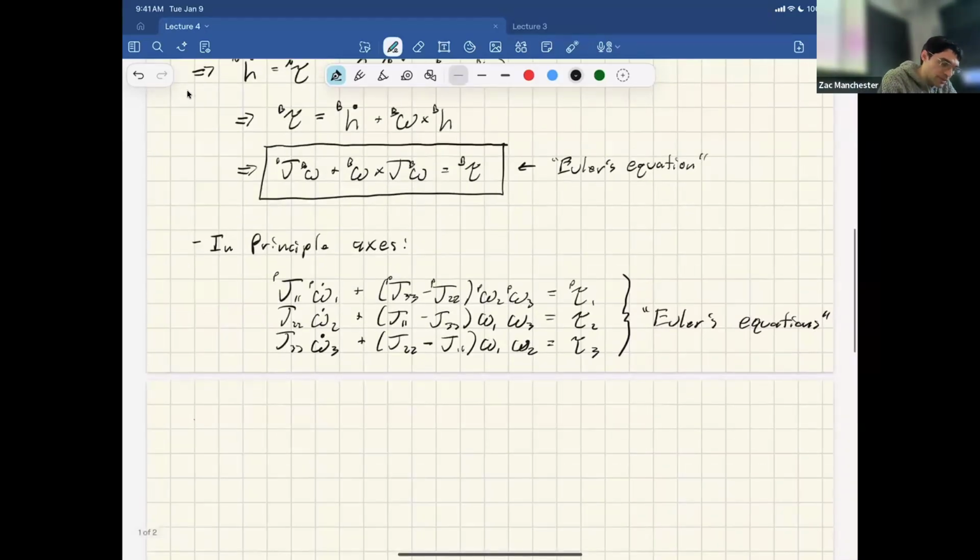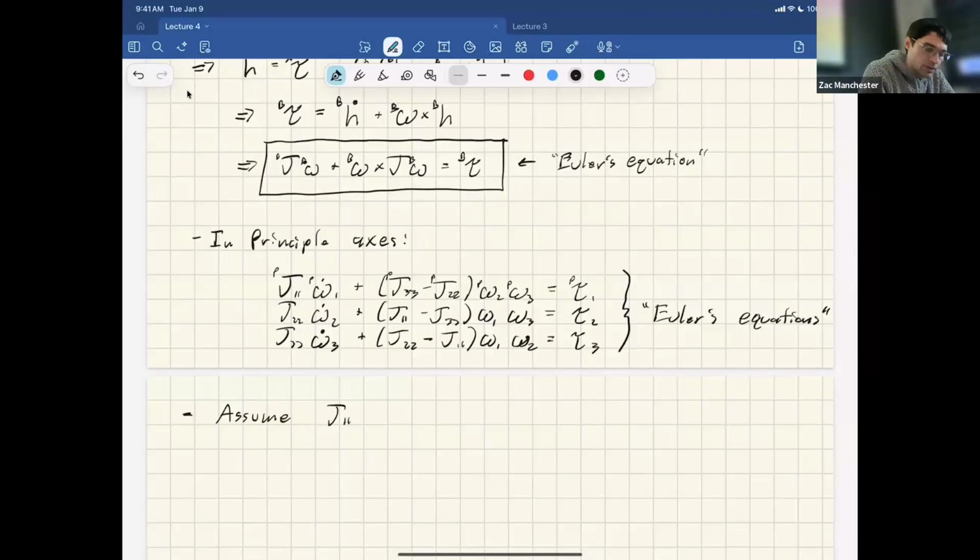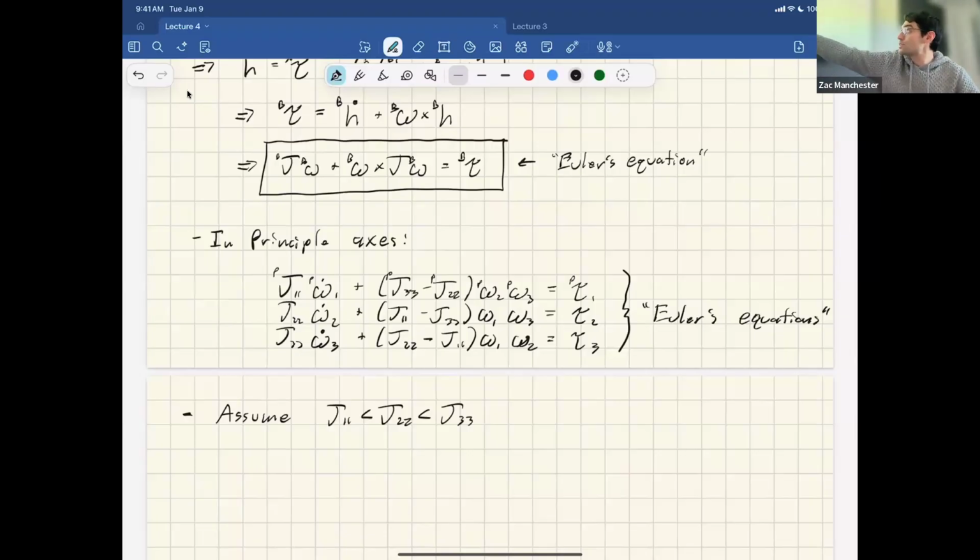And then one extra note about this: when we talk about principal axes and we number the axes 1, 2, 3 like this by convention, which I think is more or less standard in the aerospace world, we assume that these are ordered such that J11 is the smallest one, J22 is the intermediate one, and J33 is the biggest one. And we call those the minor axis, intermediate axis, and major axis of the body, or of the inertia.